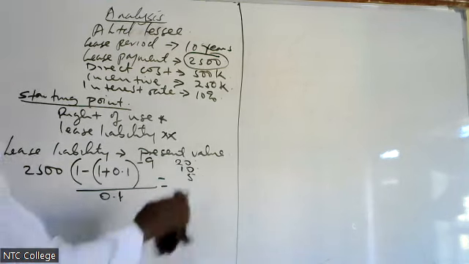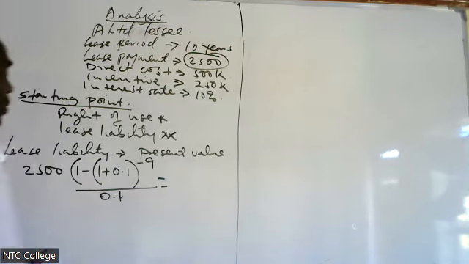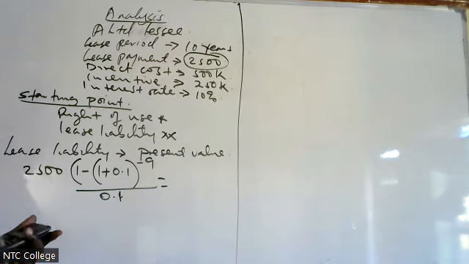Who is a good student to give me the present value there? My good friend Ruth, kindly let me first get that one. I will take 1.1 raised to negative 9.